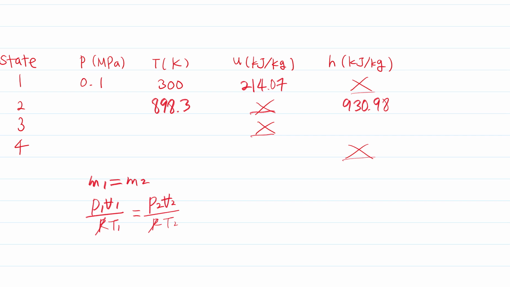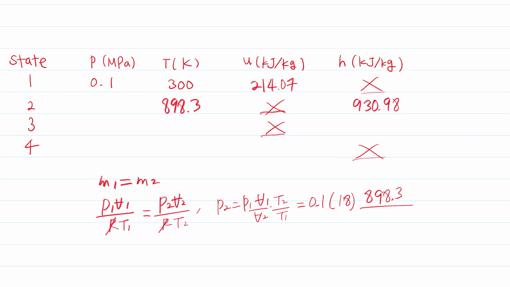R cancels out. P2 is P1 times V1 over V2 times T2 over T1. P1 is 0.1 megapascal, V1 over V2, the compression ratio, is 18, with T2 over T1. So P2 is 5.39 megapascal.